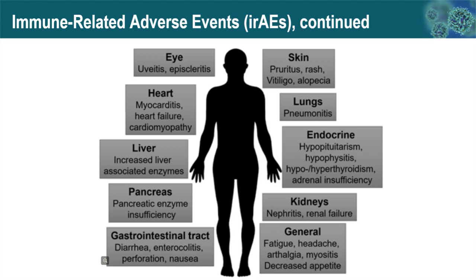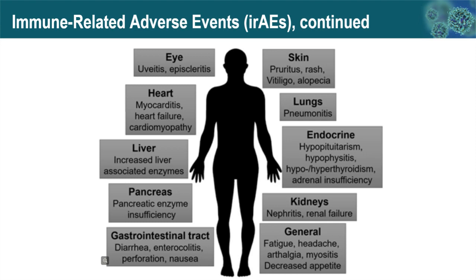In the liver, there is increased liver-associated enzymes that have been reported secondary to immune checkpoint inhibitor therapy. The endocrine system manifests as hypopituitarism, hypophysitis, hypo and hyperthyroidism, and adrenal insufficiency. In the pancreas, pancreatic enzyme insufficiency has been reported.